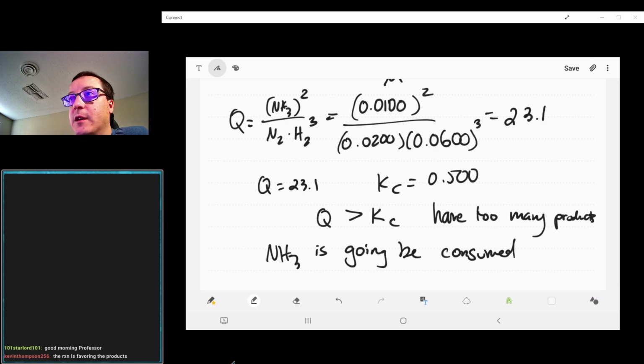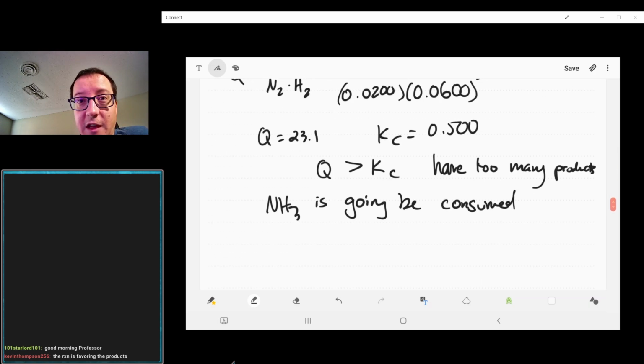All right, so how the equilibrium shifts is going to be the opposite of where it's favored. Right now we're favoring the products. We have too many products. So our reaction will shift itself such that we end up using up those products.